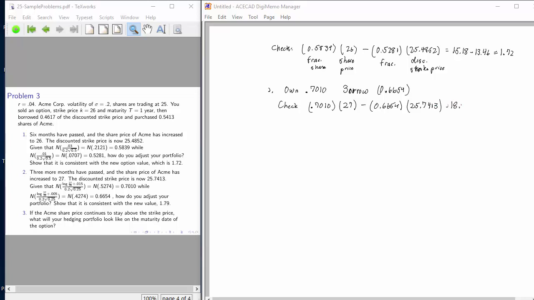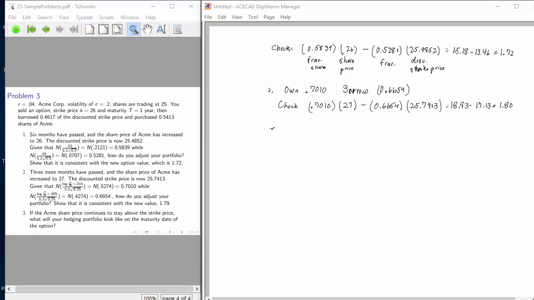And when I work that out, I discover the net value of this portfolio is $1.80, which is consistent with the current option value, which is about $1.79. You can see why this option value is fairly low, even though the option is looking as though it's going to be in the money. It's going to be in the money, but it's unlikely that the share price will be significantly greater than the strike price.